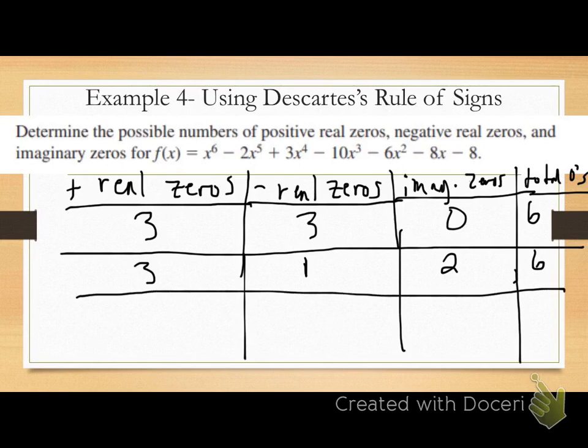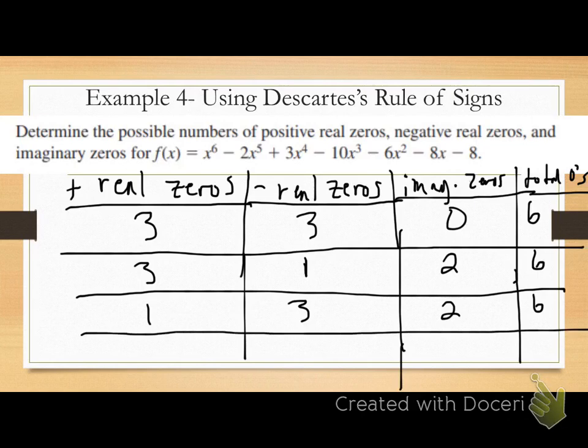Now another one of our outcomes for positive real zeros was 1 and 3 negative real zeros. So if I have 1 positive real zero, 3 negative real zeros, I would once again have 2 imaginary zeros for a total of 6.